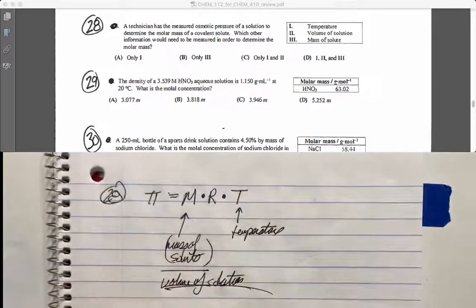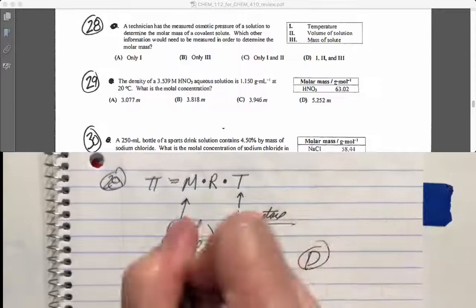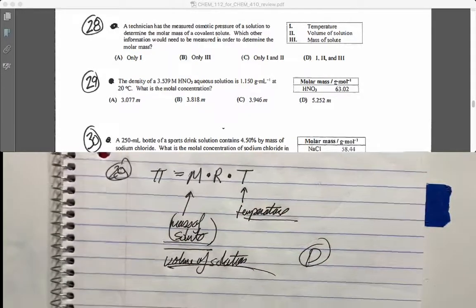And I said this wrong when I was doing this in the lecture face-to-face. So we need all 3 pieces of information. We need the temperature, the mass of the solute, and the volume of the solution to figure that out.